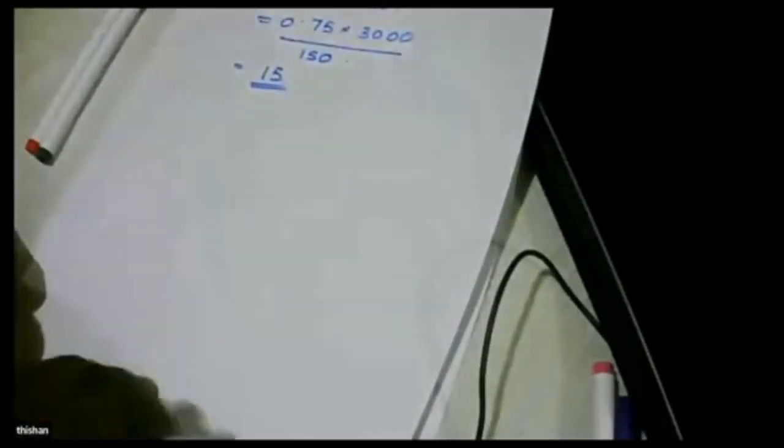So 0.75 times 3000 divided by 100 comes to 22.5. The slenderness ratio is 22.5.